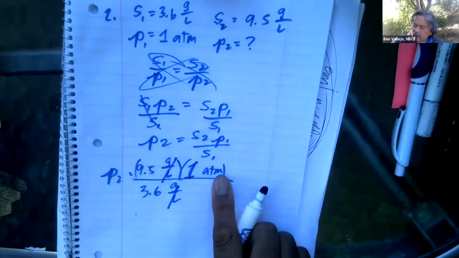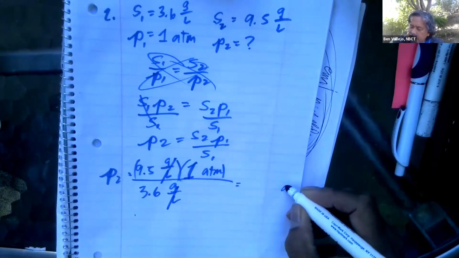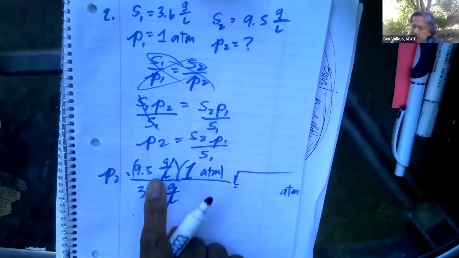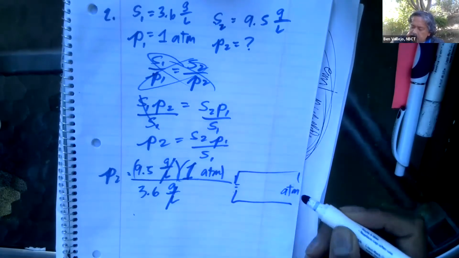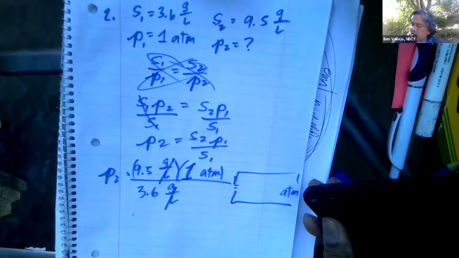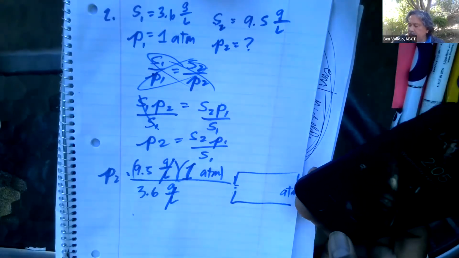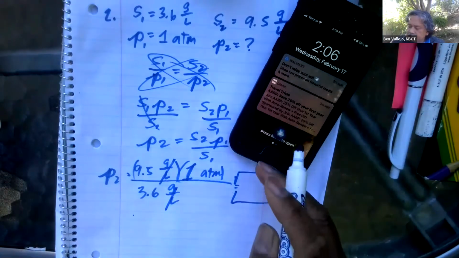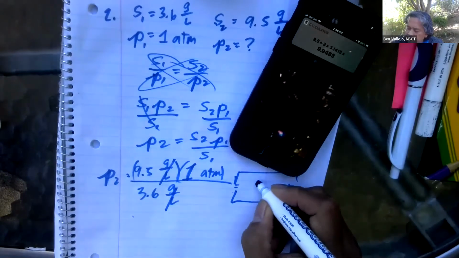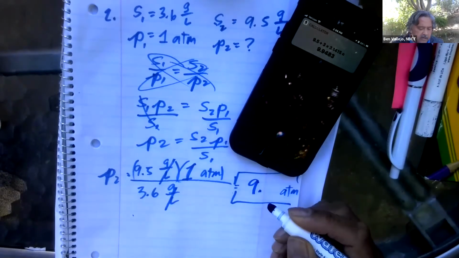That whole thing cancels out, and you're left with the pressure that's now in atmospheres. That's going to be our answer. Our answer is going to have 2 significant figures, and it's going to be 9.5 divided by 3.6. So let's go. 9.5 divided by 3.6. It's about 9.9483.